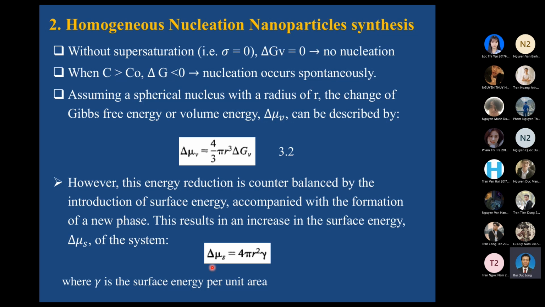In general, the energy of the system is reduced by forming this particle, so delta mu S will be smaller than delta mu V.